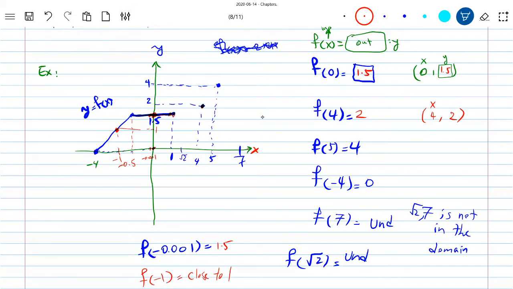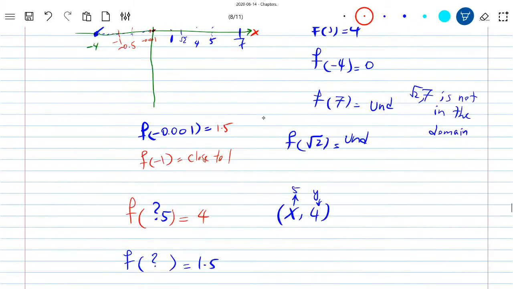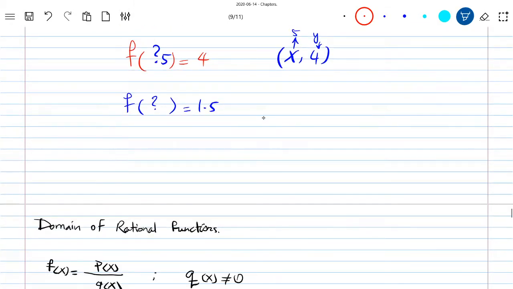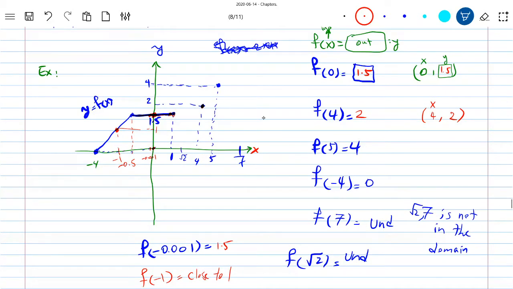So all these are possibilities. It's not only one number that I can answer here. I can say x can be any number, maybe write it here, any number from negative 0.5 to 1. If I pick any number for x in this range, they all have y value of 1.5.